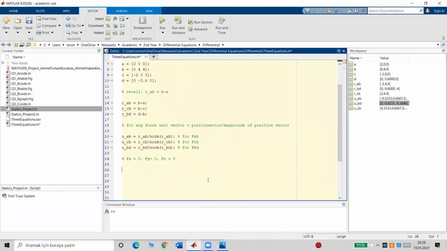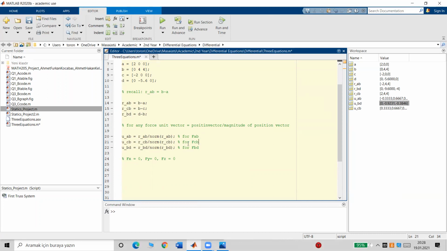Now I will show you how to do it. Now we have unit vectors. Unit vectors times FAB, actually its magnitude, will give us the vector form of FAB, and same for the others. For example, first element of this vector is actually the x component of vector FAB. Same for the others. For example, first element of UCB is the x component of vector FCB.